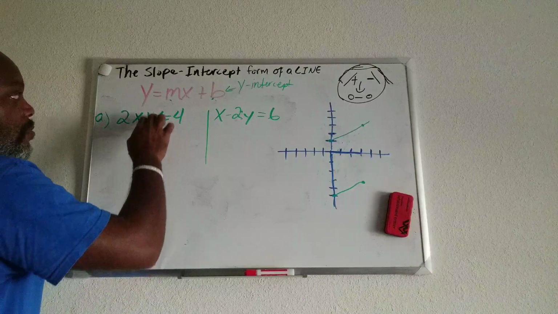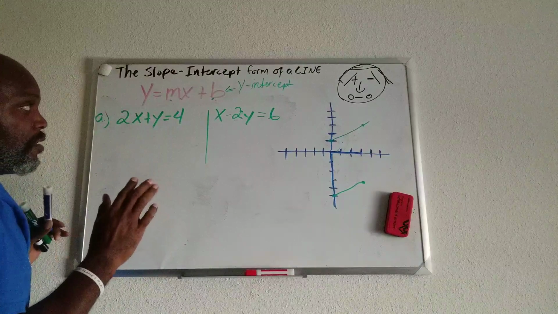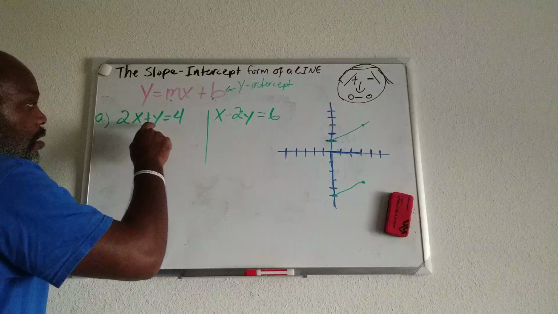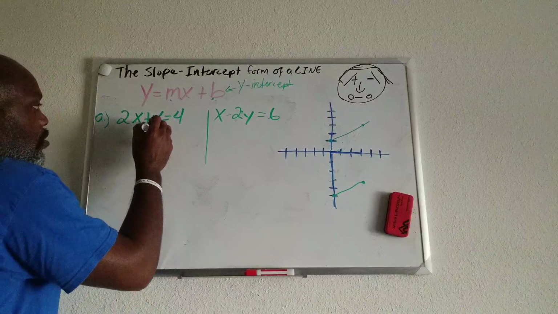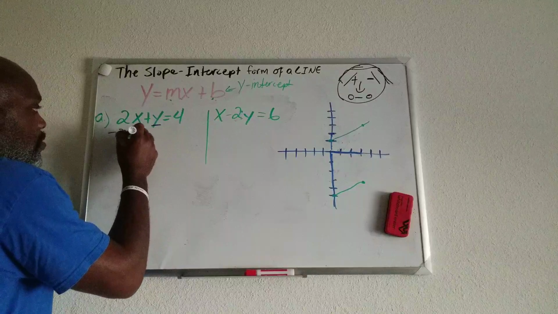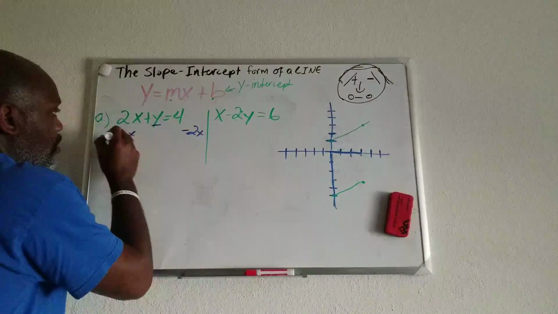To find out what the slopes are, we have to put them in slope-intercept form. So we're looking to get y by itself. That's pretty easy right there.